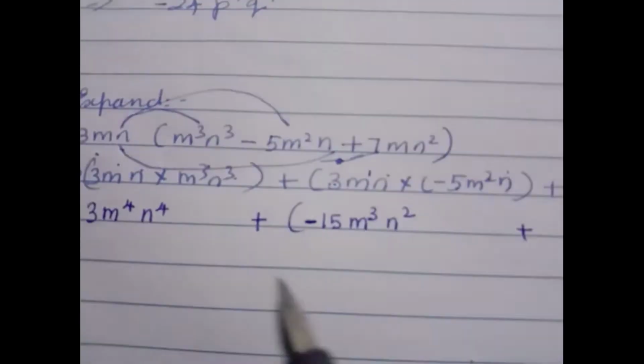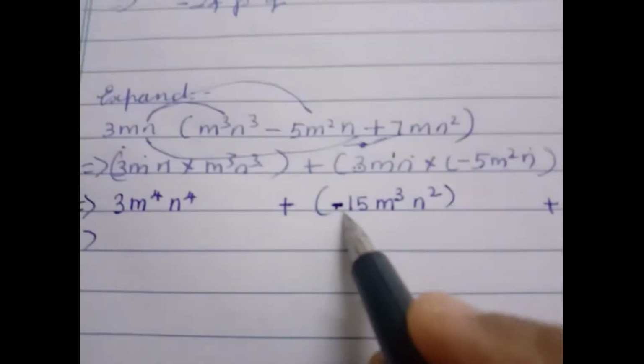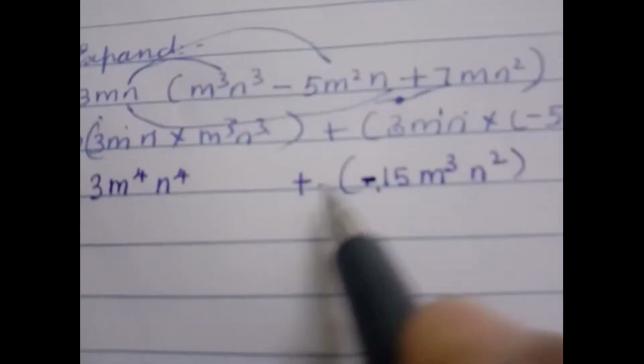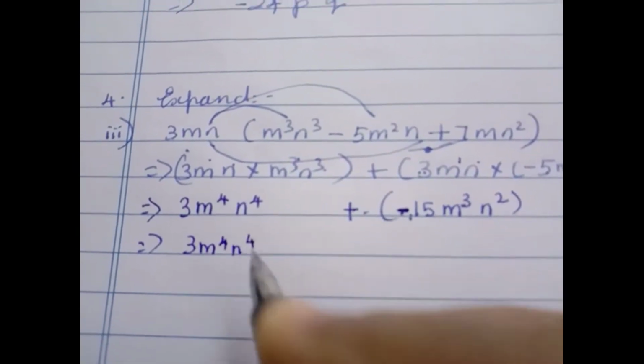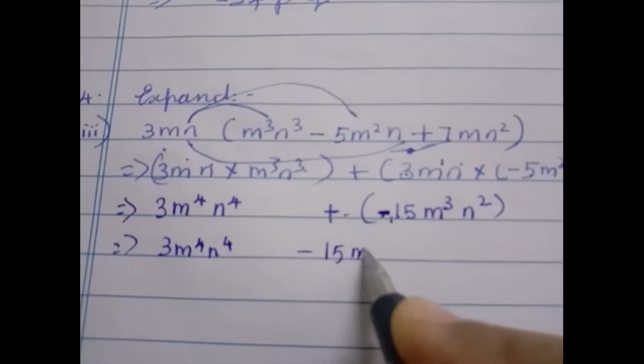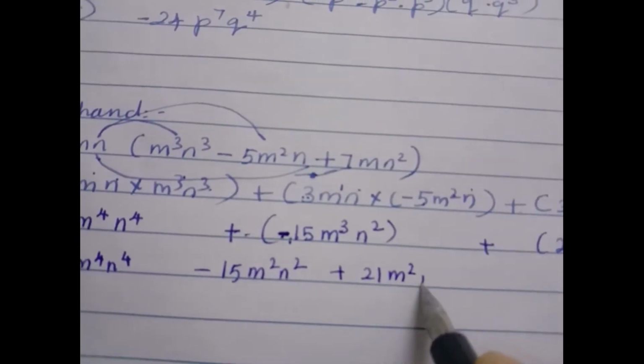So here if you see, this term has two signs, so you have to multiply the signs. Plus into minus is minus. 3m power 4 n power 4 minus 15m square n square plus 21m square n cube.